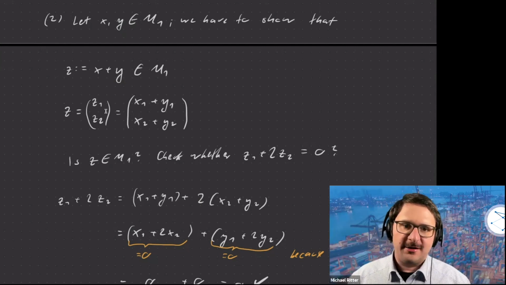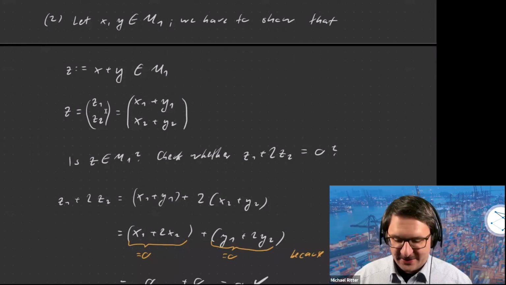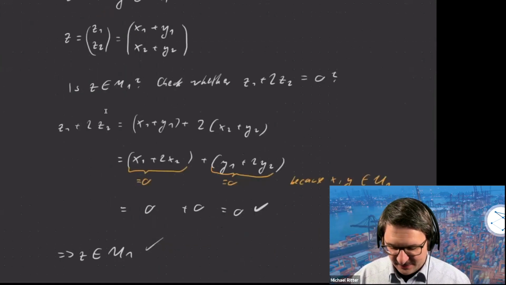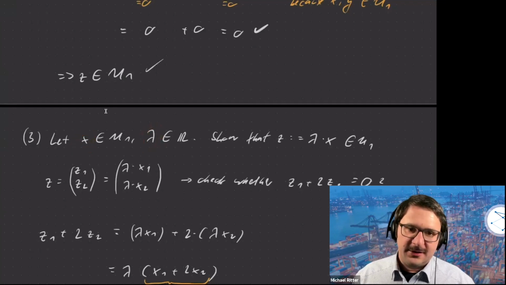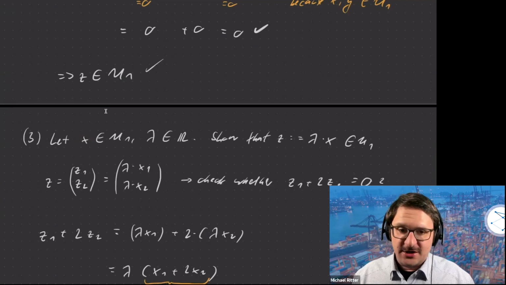Can you prove that? Usually the vector spaces we're looking at will contain an infinite number of vectors, so listing all possibilities is just not feasible. That means you have to provide a general proof. So you need to assume arbitrary x and y, and in 3, you need to assume arbitrary x and arbitrary lambda. If you choose just some examples, then that doesn't prove it in general.